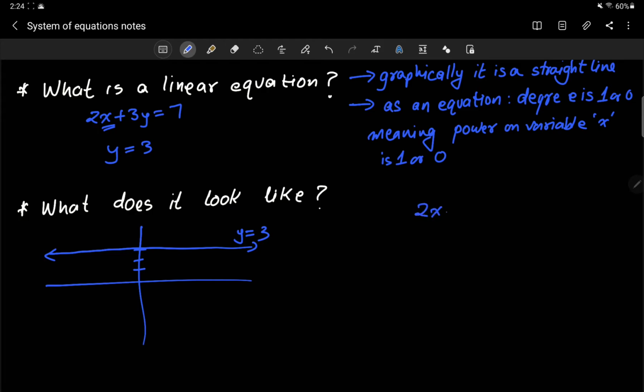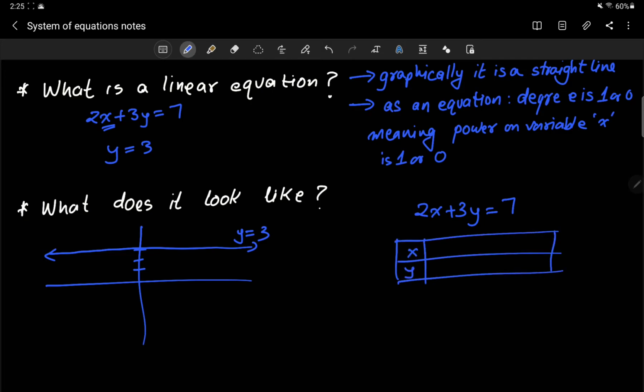The second one, in order to plot this, you would have to construct a table of values of x and y. For example, if x is 0, then y is 7/3. When y is 0, x is 7/2. When x is, say, -1, y is 3.